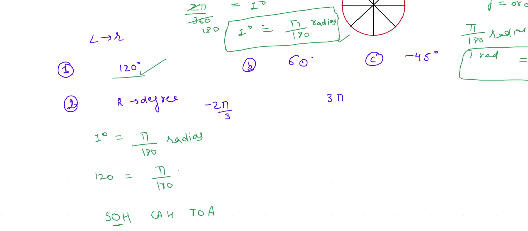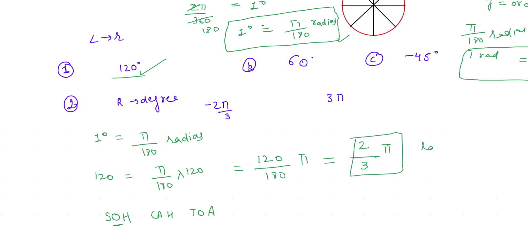Then you will get the value in radians. Solve this, 120 by 180. You will get 2 by 3 pi radians. Clear? So 120 degrees equals 2 by 3 pi radians.